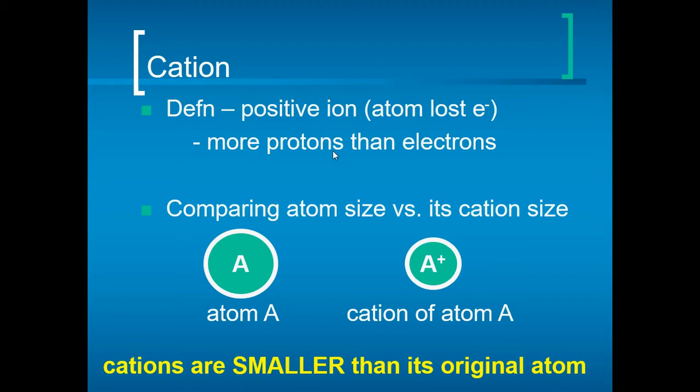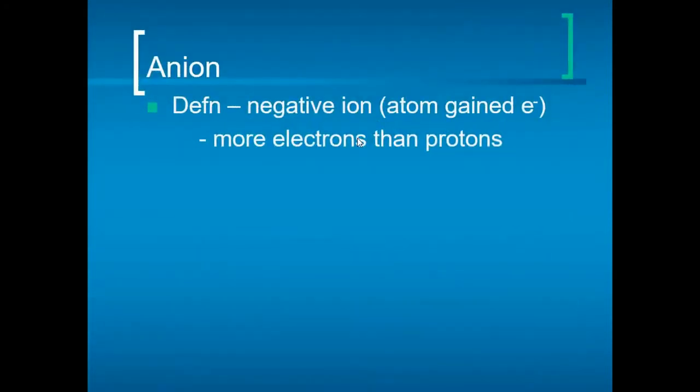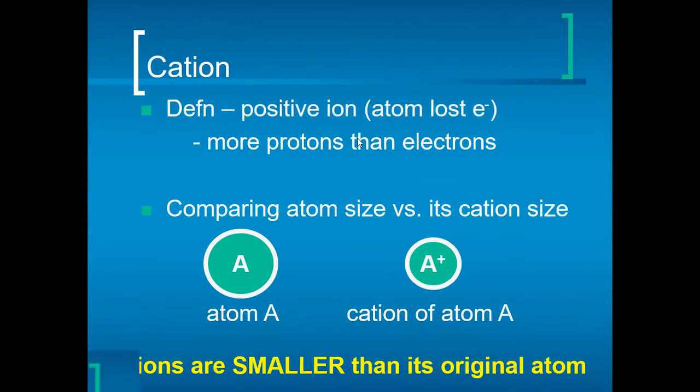So for instance, if you were to compare calcium to calcium 2 plus, which is the charge that calcium likes to get because it's in the second column, then calcium 2 plus would be smaller than calcium, or calcium would be larger than calcium 2 plus. Because it's that battle between the protons and the electrons.